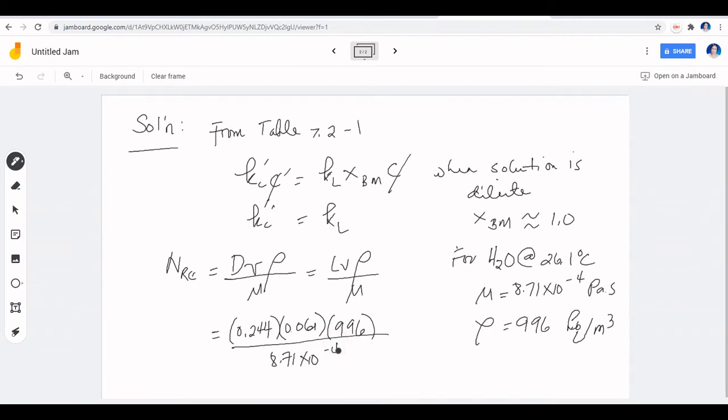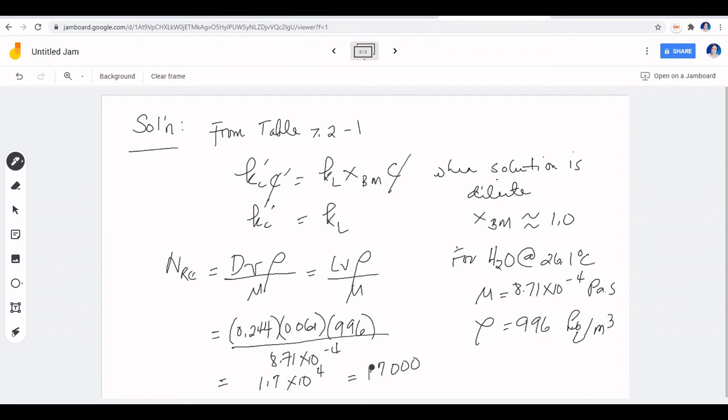This will give us a Reynolds number equal to 1.7 times 10 raised to 4, which is 17,000. So 17,000 for the Reynolds number.